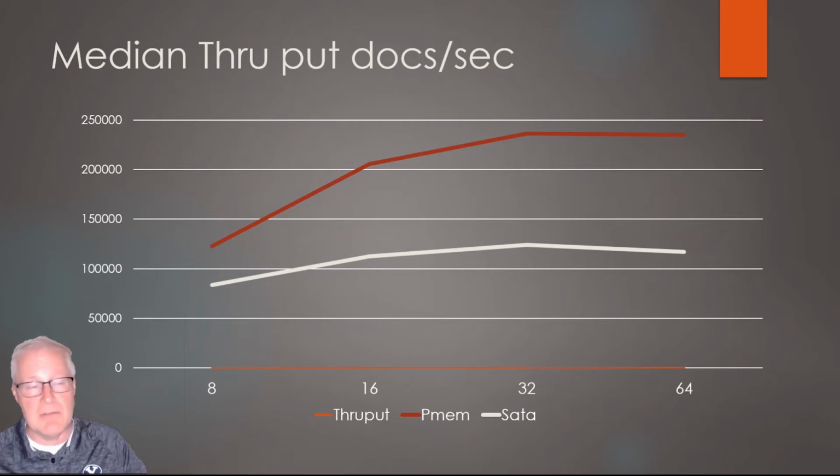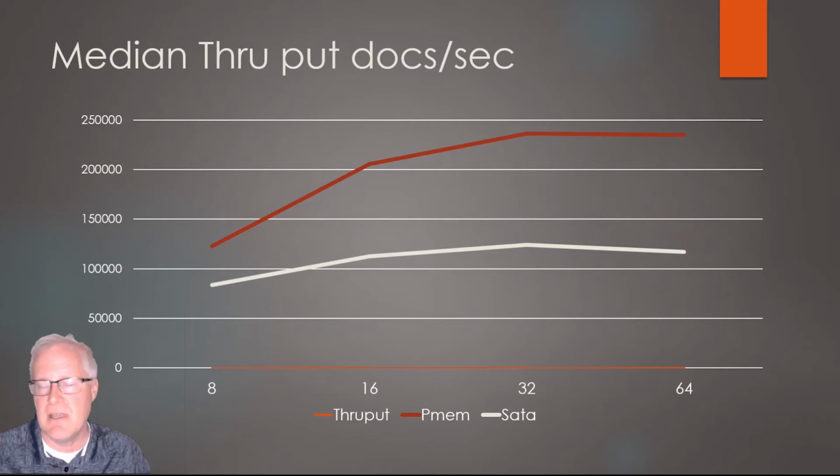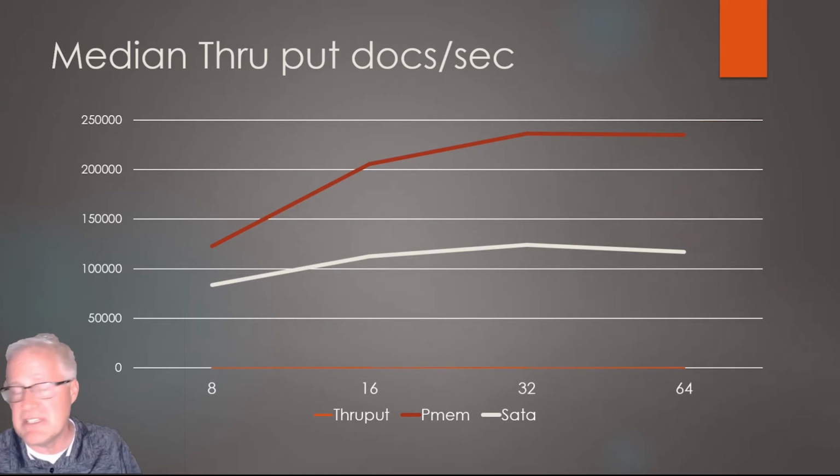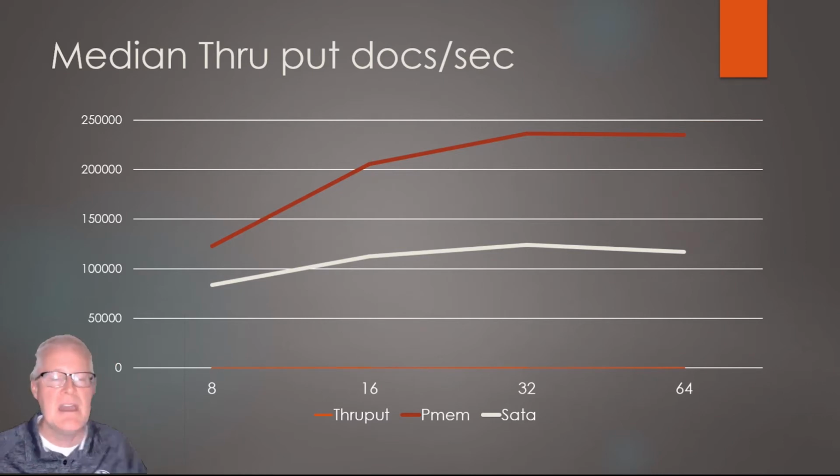So the first one I looked at was throughput. How many documents per second could I ingest into the system? And I ran it against different numbers of ingestion and test clients. I started with 8, 16, 32, and then 64. And if you see, the difference between 32 and 64 is pretty negligible on throughput.